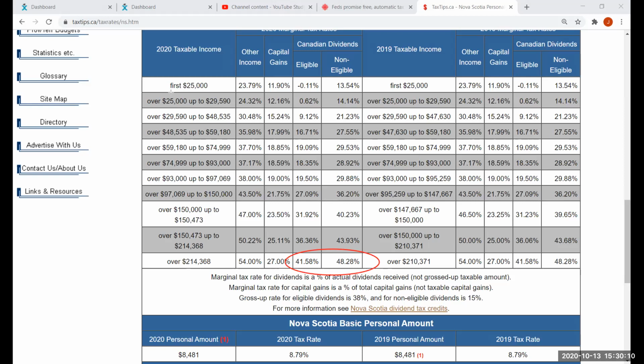Here it's 41.6%, whatever. And then 48.28%, and we got 48.4%. So for the pennies we took off at the beginning, that's how I got those slight differences, but there we go. Okay. Good. So yeah, at the top tax rate in Nova Scotia.